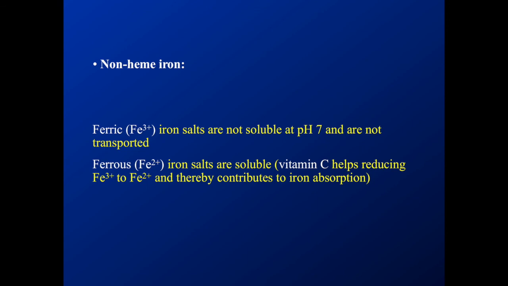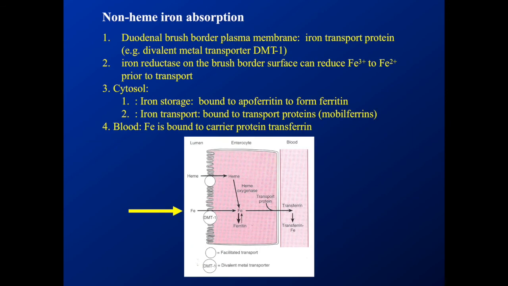You have non-heme iron that exists in two forms. You have ferric, which has a valency of 3, and these are generally not soluble at pH 7, so they're not transported. And then you have ferrous iron salts, which are soluble and are transported. And vitamin C is important in reducing Fe3+ to Fe2+, and therefore vitamin C contributes to iron absorption. The non-heme iron is brought in through divalent metal transporters that are located in the brush border of the plasma membrane of the enterocytes.